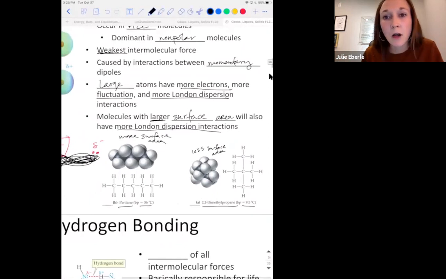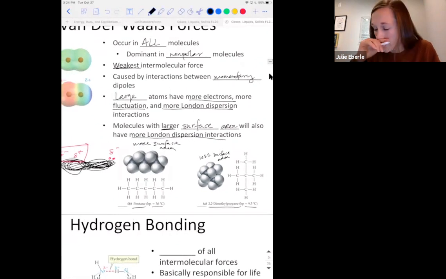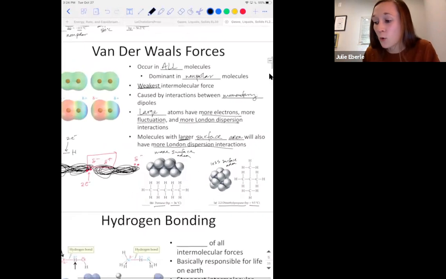So if I gave you two molecules and asked which has more surface area, which would have a higher boiling or melting point, and which a lower one, you could answer a question like this from these reasonings. Any questions on van der Waals forces before we move on to hydrogen bonding?